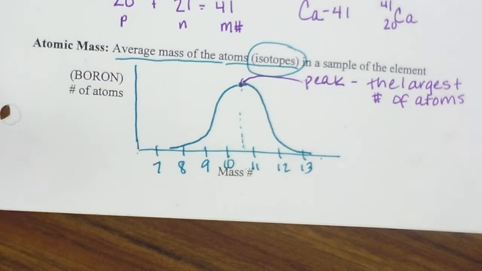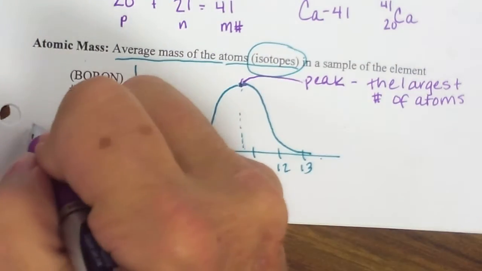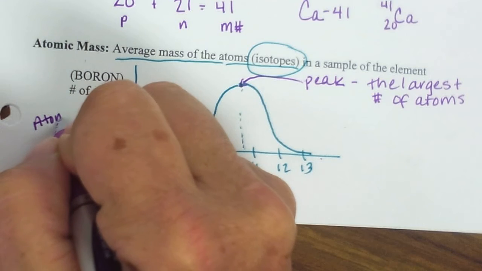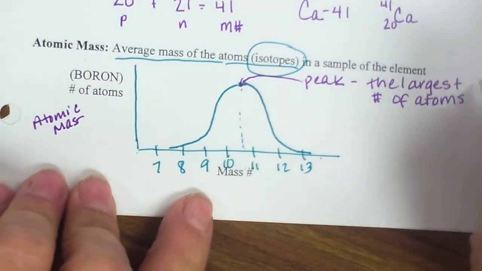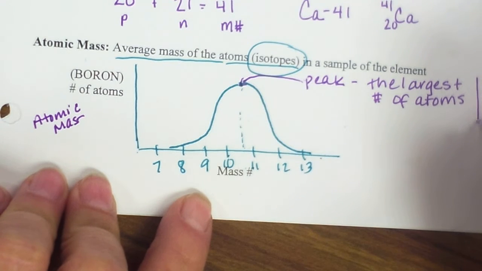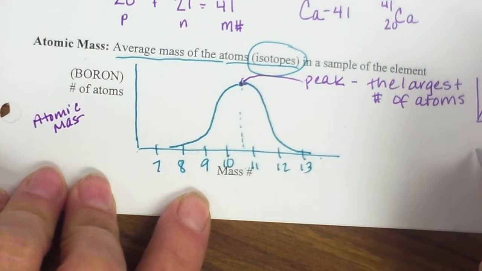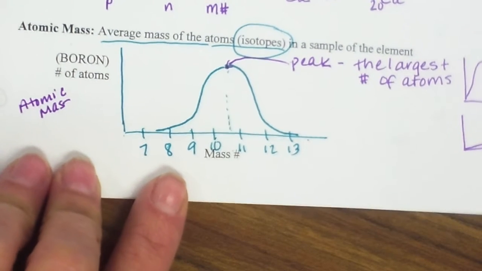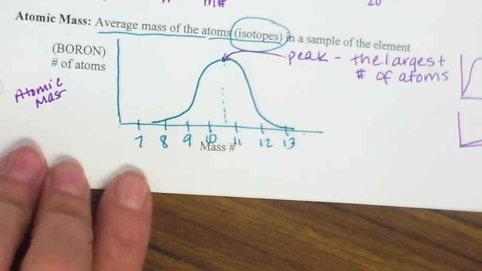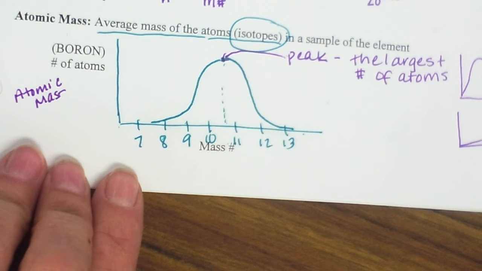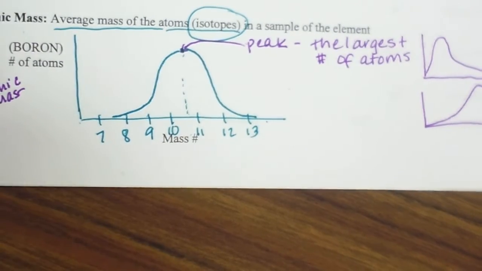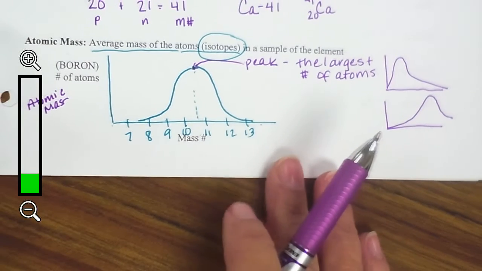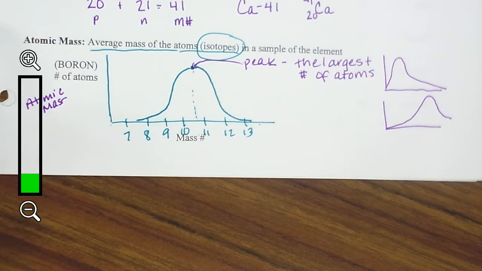Now, the atomic mass of boron... there can also be slanted bell curves that look like this, right? They're called skewed bell curves. Bell curves are a really big deal, and when you take statistics, you learn all about bell curves.